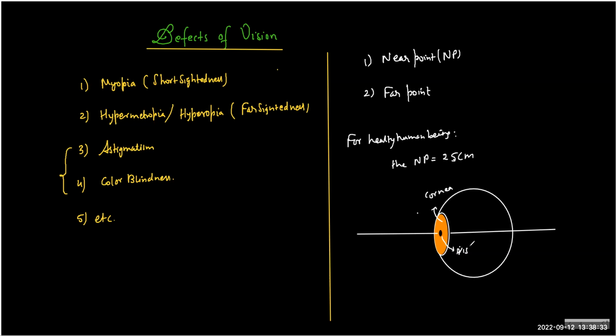Okay. The cornea is the outer surface, and the iris is that entire part, and inside the iris we have the pupil. So you must have seen a small darker region, right?